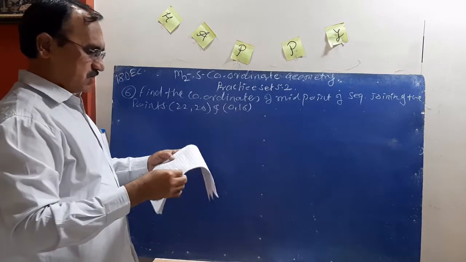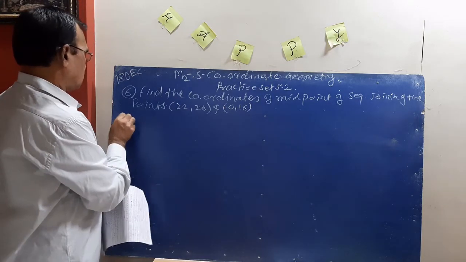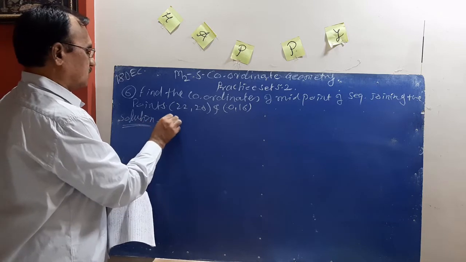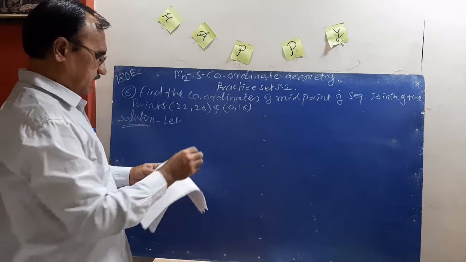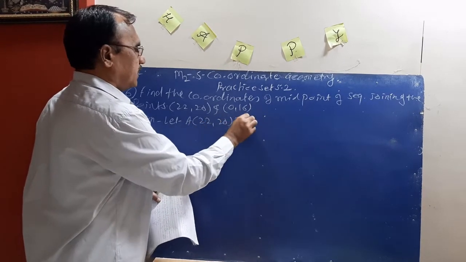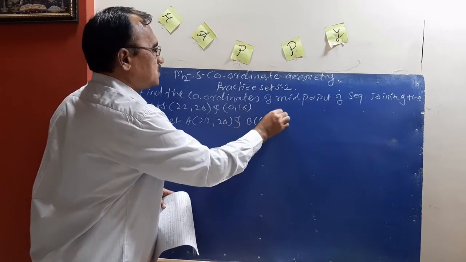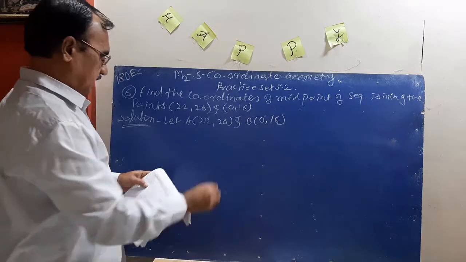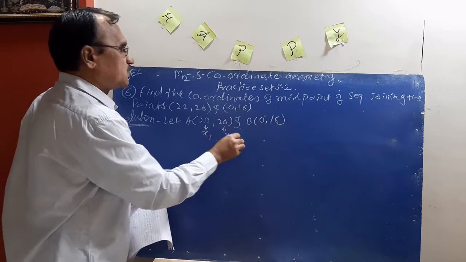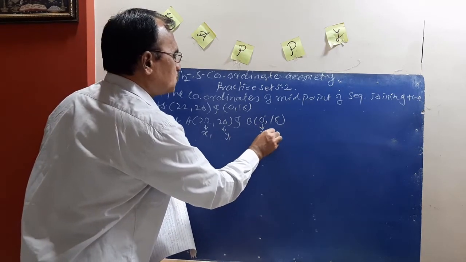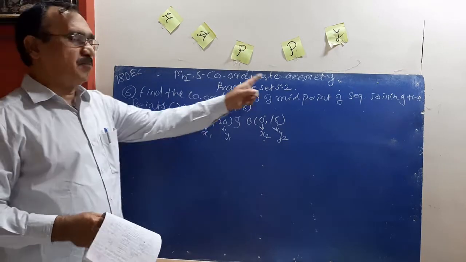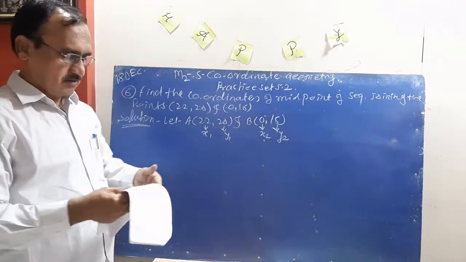The names of the points are not given. Let A be (22, 20) and B (0, 16). This is x1, this is y1, this is x2 and this is y2. Here we find the midpoint, and you know the midpoint formula.